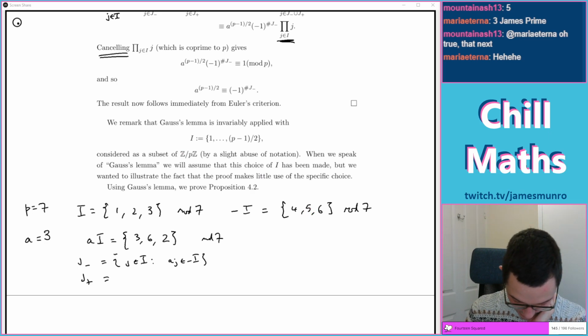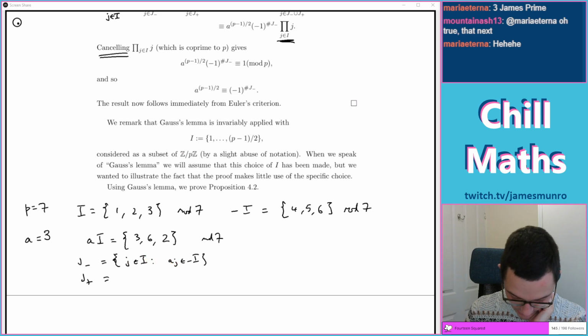Okay, so I want those J from I such that AJ is in negative I, and that is just the item 2.